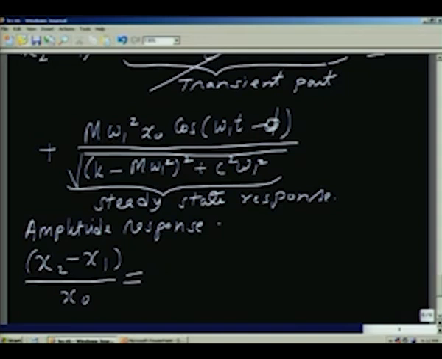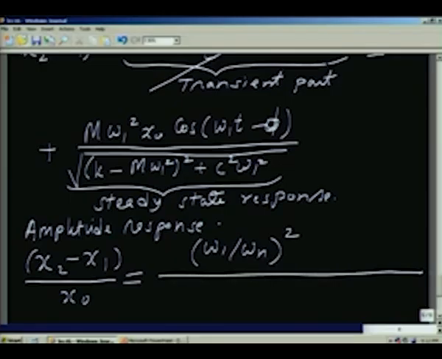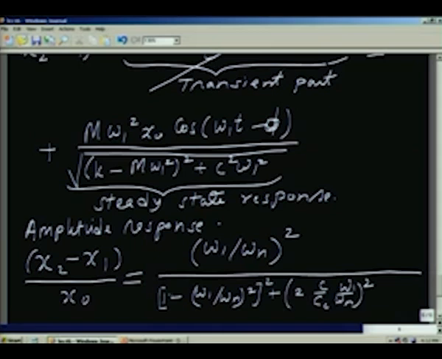Using that and rearranging the equation, we can show that this is equal to (omega 1 by omega n) whole squared, divided by the square root of [1 minus (omega 1 by omega n) whole squared, squared, plus (2 C by Cc times omega 1 by omega n) whole squared].